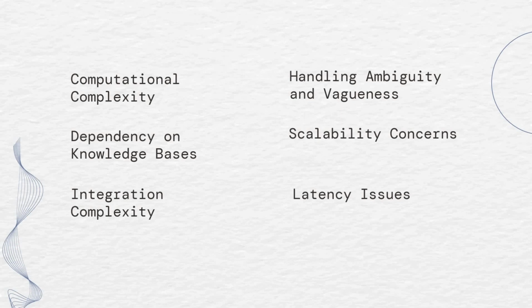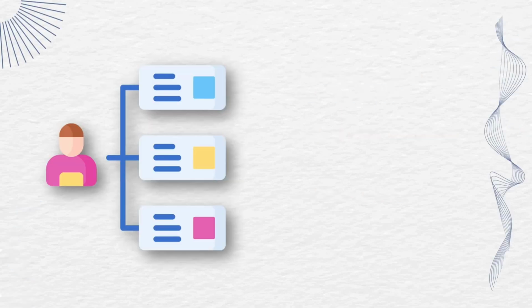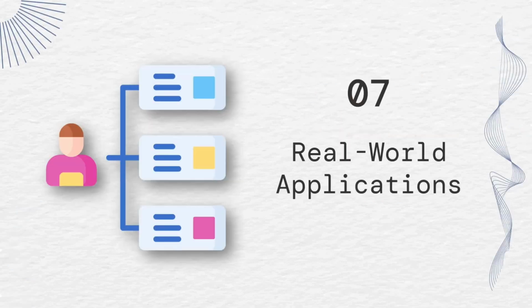Now we will take a look at some particular use cases where RAG can be used. So the first use case is customer support. Here we talk about enhanced automated assistants. RAG powers advanced chatbots and virtual assistants that provide accurate and contextually relevant responses to customer inquiries.